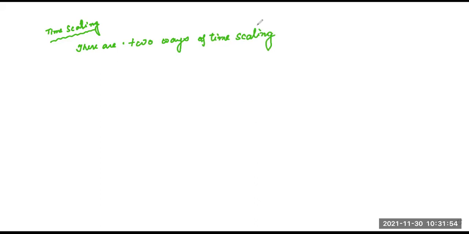For time scaling, there are two ways of discrete time scaling.